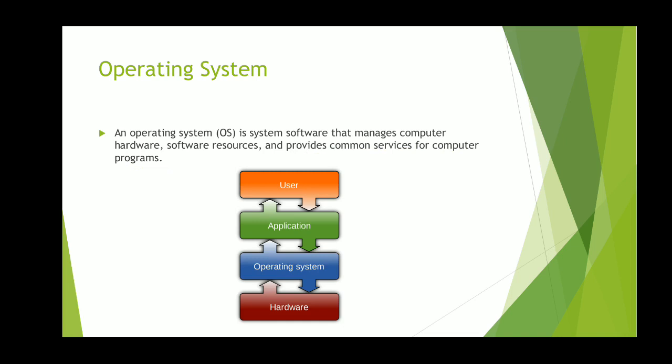So here you can see the basic structure of an operating system. Here there is hardware, and there is a user and some applications. This operating system acts as an intermediary between the user application and the hardware devices, and the operating system manages all the components of the hardware, so that the user application doesn't need to understand the internal implementation of the hardware.